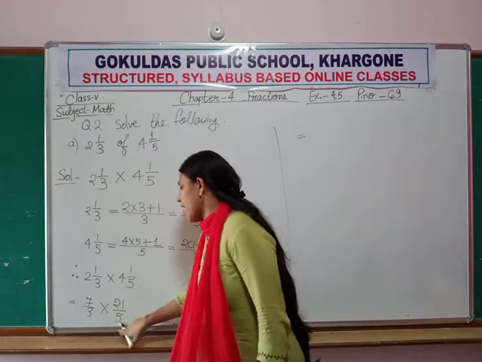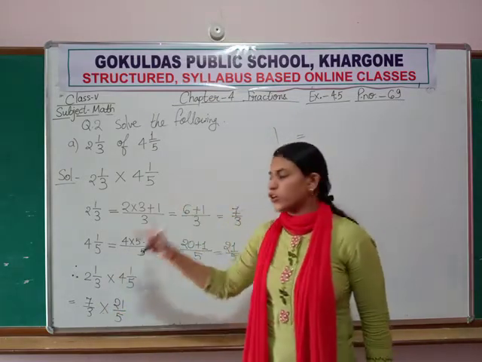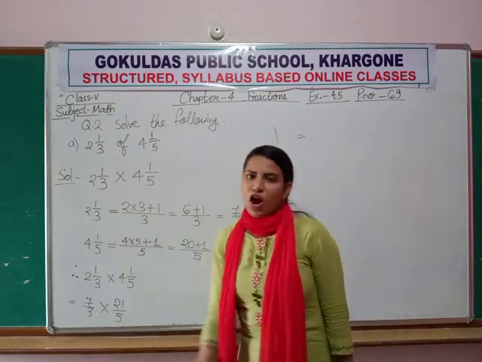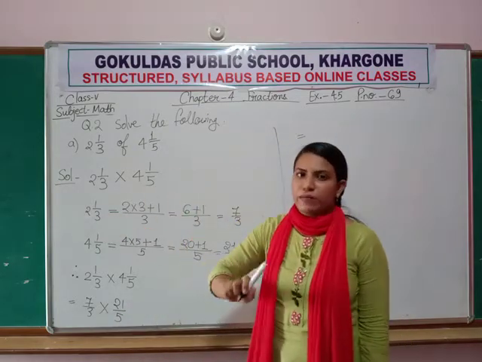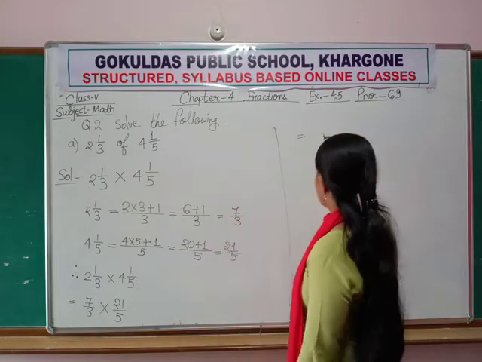Now we have two fractions and we want to multiply them. How do we multiply fractions? We multiply numerator with numerator and denominator with denominator.